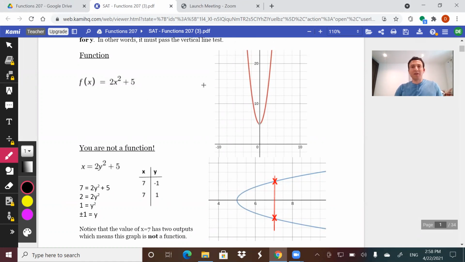That means you cannot draw a vertical line anywhere down the xy coordinate plane and hit two points on the function. If you do, it's not a function. In this case, when x is 7, we have two outputs for y. That's a no-no for a function. It means for every input for x, there's only one unique output for y.